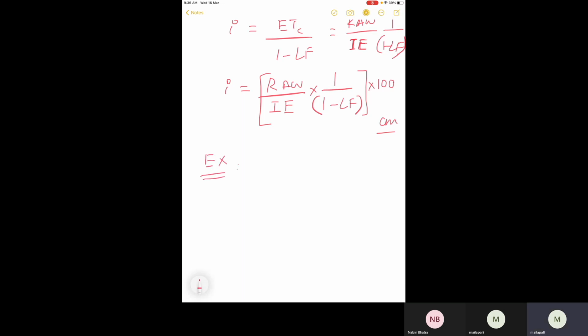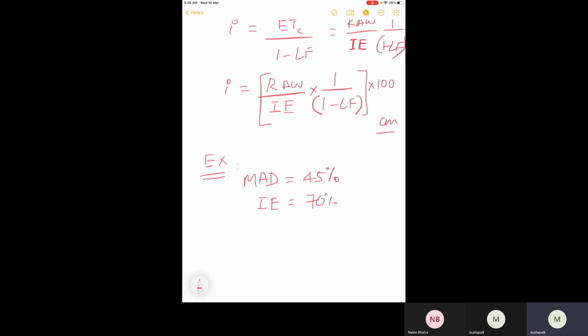This is an example. Some of the terminologies, I think you're familiar with from the irrigation module. One is MAD, the management allowable deficit, that is 45%, right? And then irrigation efficiency is given as 70%.